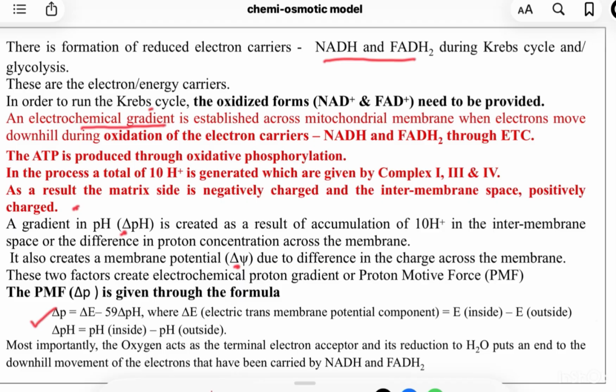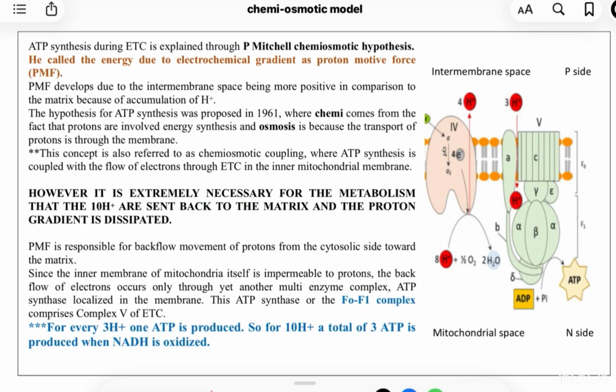Now, looking at the hypothesis which explains ATP synthesis, we can talk about the hypothesis proposed by Peter Mitchell. He gave the chemiosmotic hypothesis, which is based on the proton motive force, or PMF, generated in the mitochondrial inner membrane.